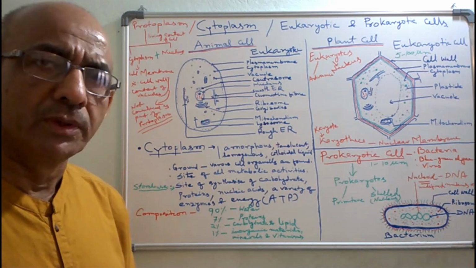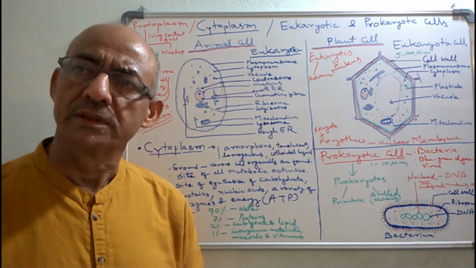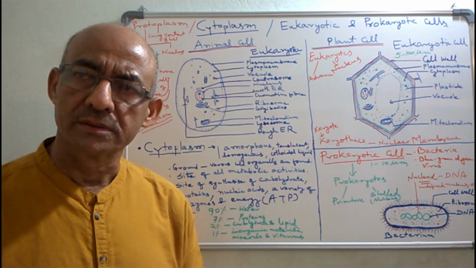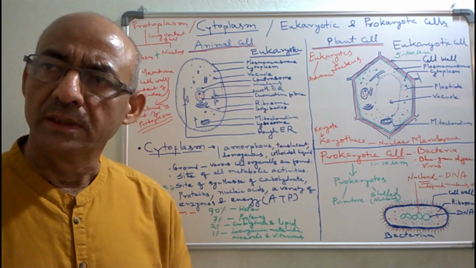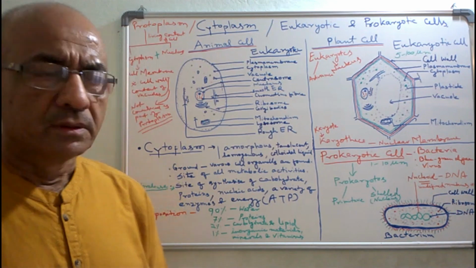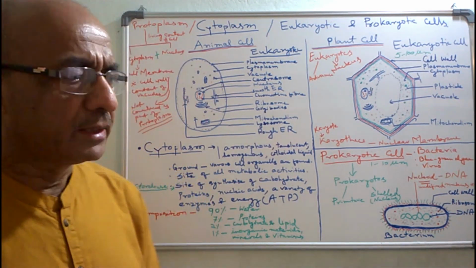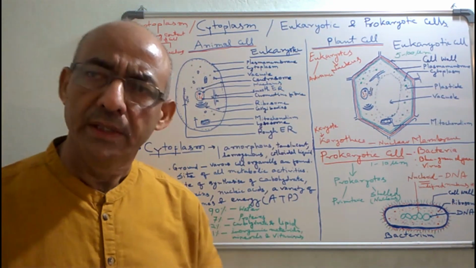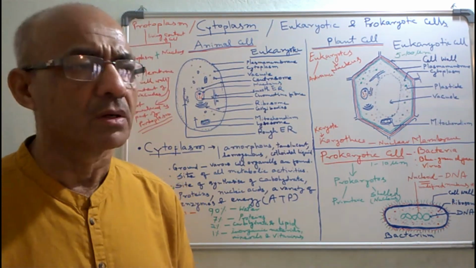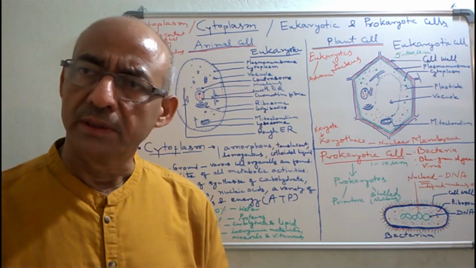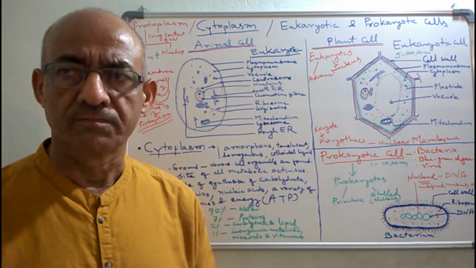In place of a nucleus, the prokaryotic cell only consists of genetic material, nucleic material like a certain strand of DNA, and they also do not have any membrane-bound cell organelles. Only ribosomes are present in the prokaryotic cells.